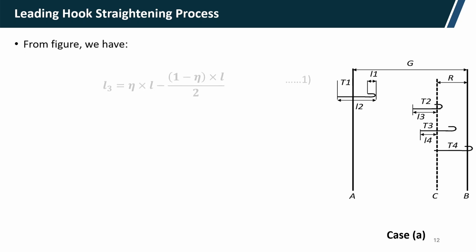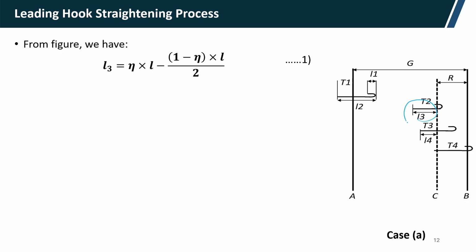From the figure we can derive these equations; we are not going to derive all of them, but we will try to discuss them. L3 we can calculate: L3 equals eta L plus (1 minus eta) by 2 multiplied by L. What is L3? L3 is the body part at the T2 point.